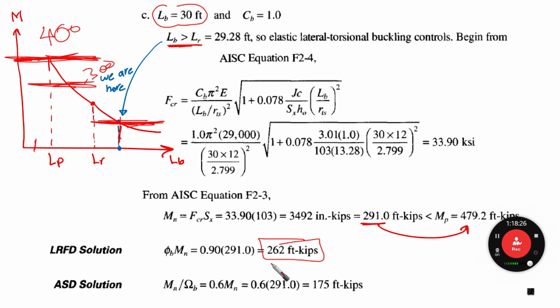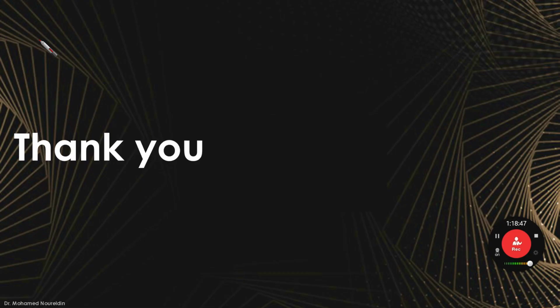Here, we're talking about 200 something, 262 or something. Can you imagine? By controlling the bracing length, you are controlling the nominal flexural or the design flexural strength of your sections.